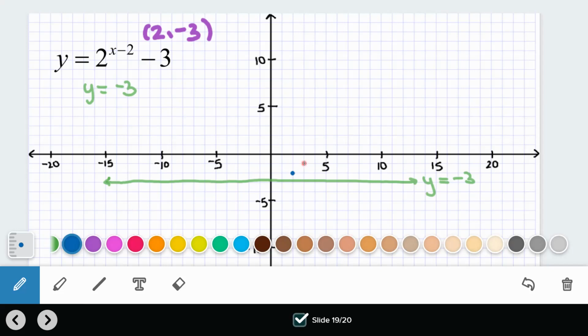Now I'm going to double that 2, double that 4, double that 8, double that 16, so 9, 10, 11, 12, 13, 14, 15, 16. Let me get this a little thinner. And there's my graph.